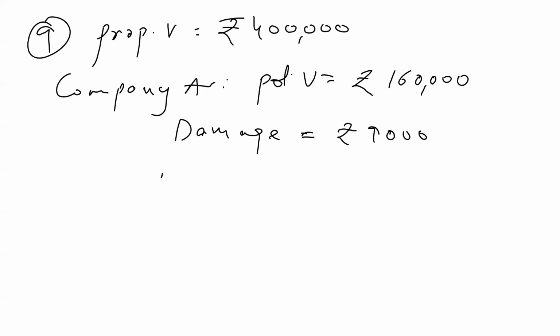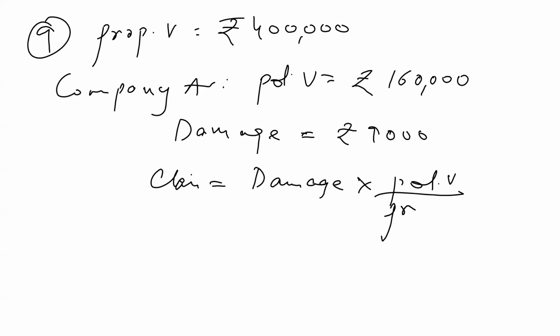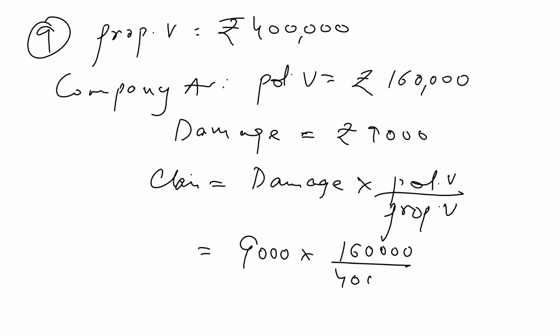So claim from company A is equal to damage into policy value upon property value. What is damage? Damage is 9,000 into policy value. Policy value is 1,60,000 upon property value. Property value is 4 lakh.